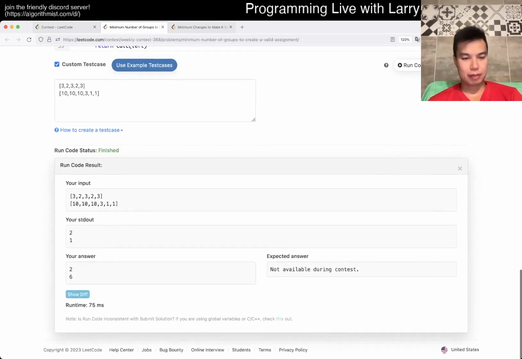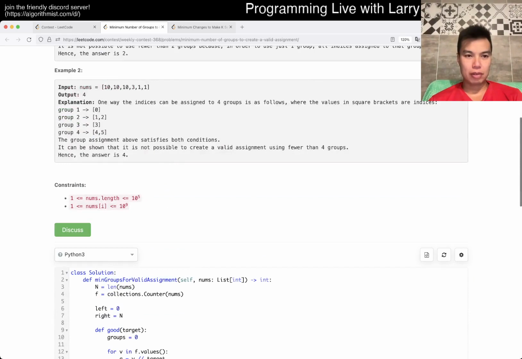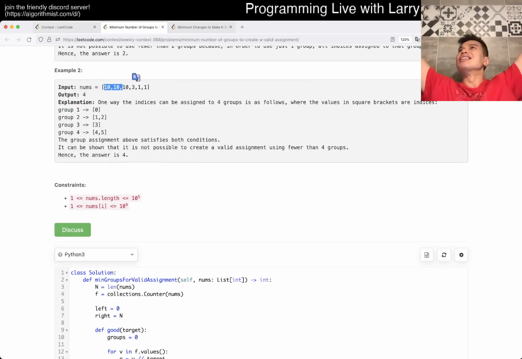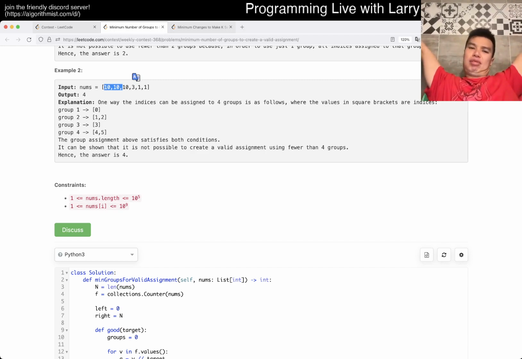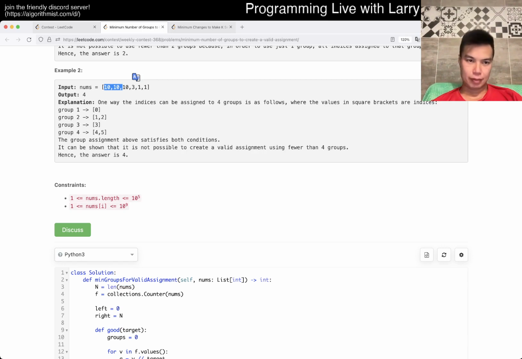Left is 1. Y1. Oh, 1. So then it puts 2. Okay, so I think the idea is still going to be right.